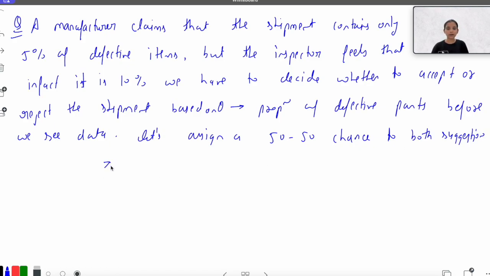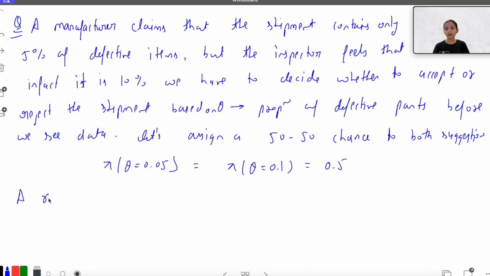So pi for theta is equal to 0.5 when the defective is 5%, and pi for theta is equal to 0.5 when they are saying the defectives are 10%. We are assigning equal chances to both of these proportions of defectives, so the probability of occurrence of each is 0.5.